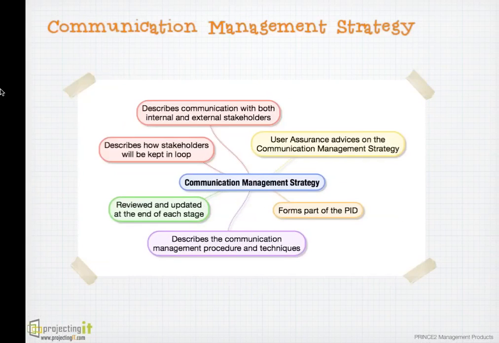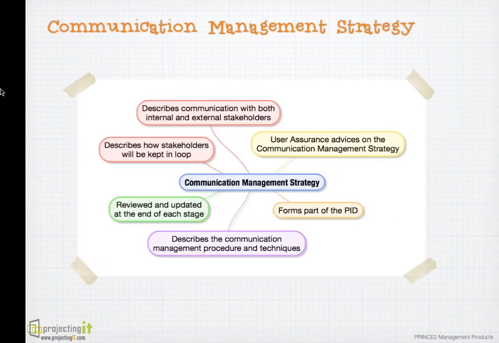The communication management strategy is about project stakeholders, what they want to know about the project, how that information will be shared, by whom and when. It talks about the project stakeholders' information needs. It is produced during initiation and becomes part of the project initiation document.